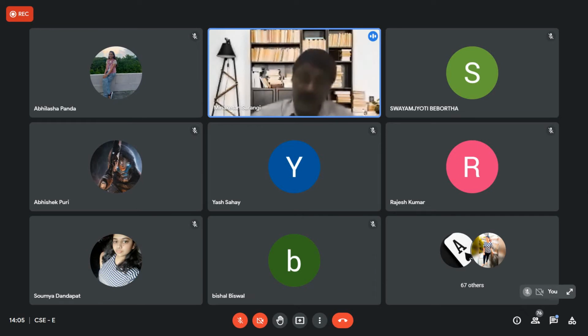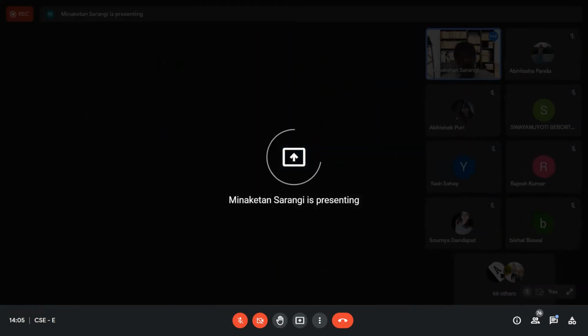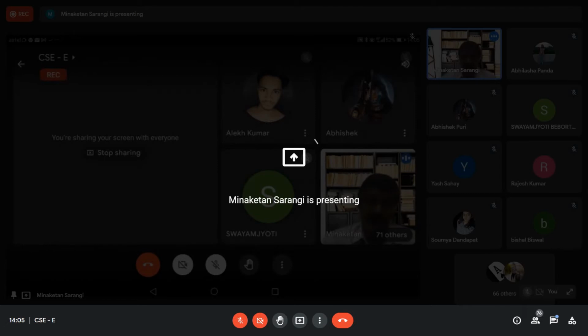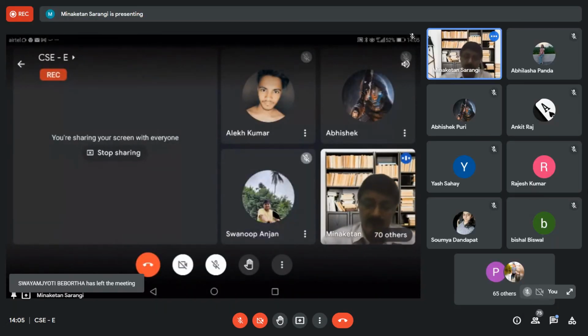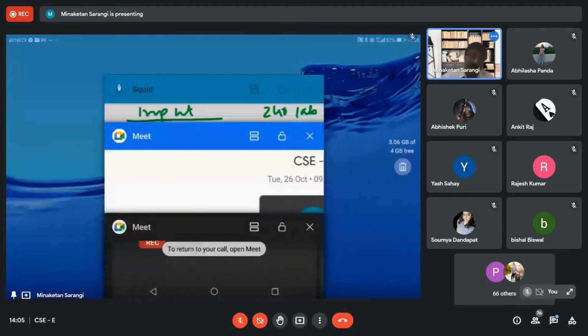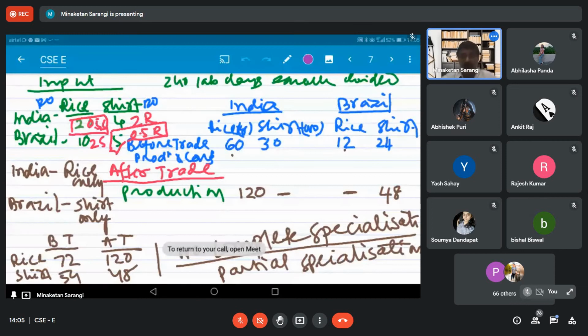So last class we discussed the theory of comparative advantage. We discussed how the theory of comparative advantage helps in finding out the gain from trade.